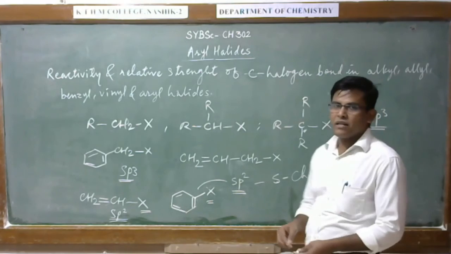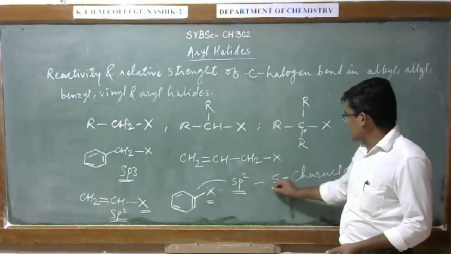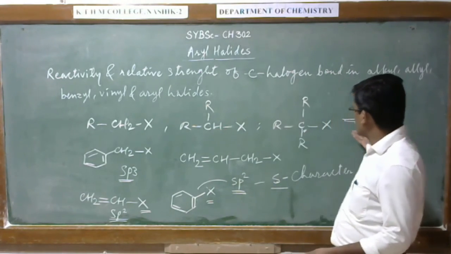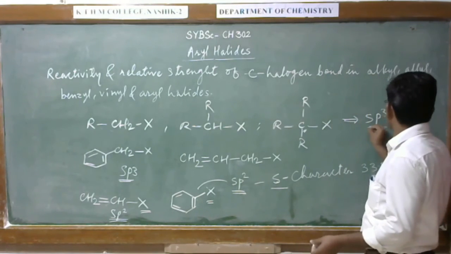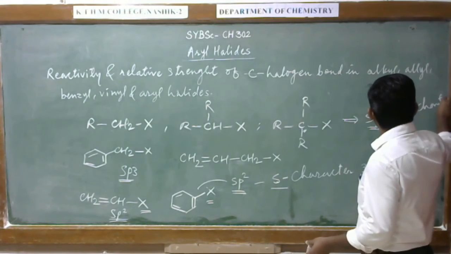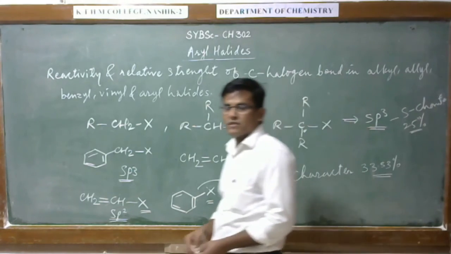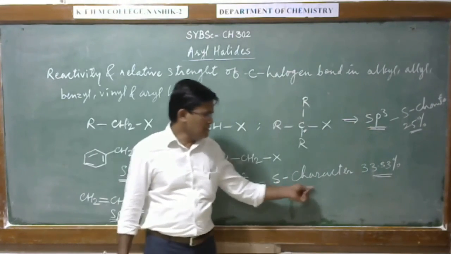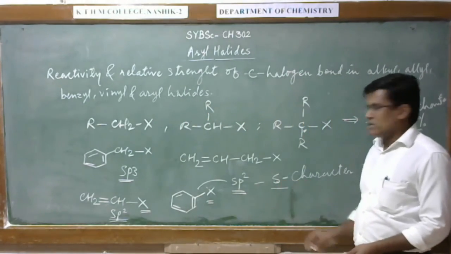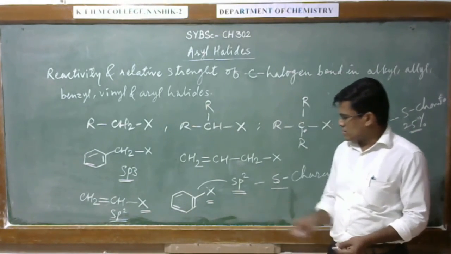So because of that, this bond becomes stronger than the bond in sp3 hybridized carbon, for example in alkyl halides. In sp3, the s character is 25%. So in this case, the bond is weaker than the bond in sp2 hybridized carbon. Because of that, nucleophilic substitution reaction is difficult in aryl halide.